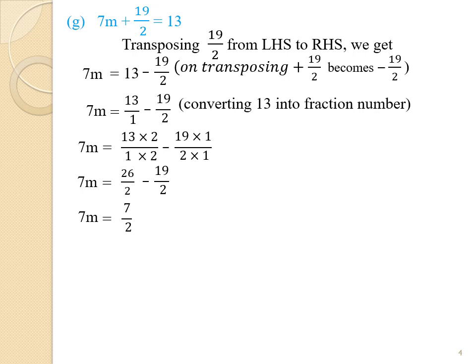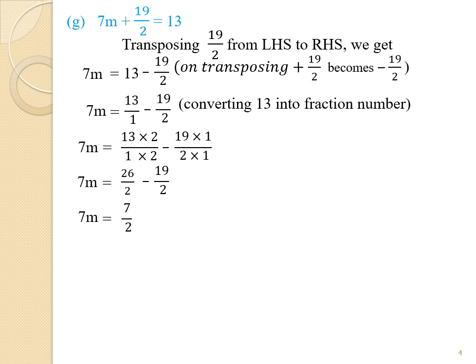Students, now to get only variable m, we have to transpose a number 7 from left hand side to right hand side by changing its sign from multiplication to division. So, let's transpose 7 by changing its sign.